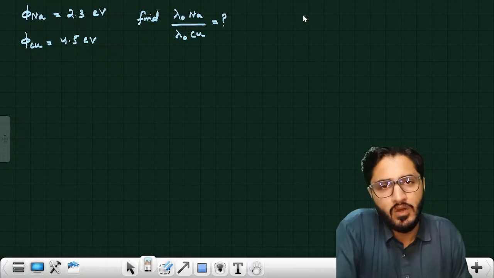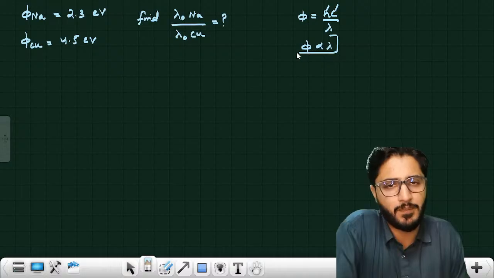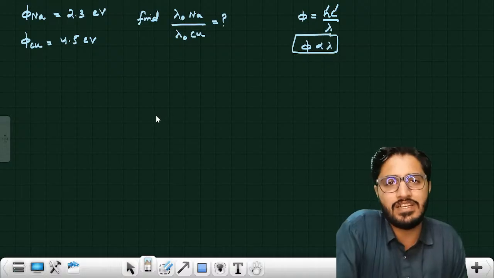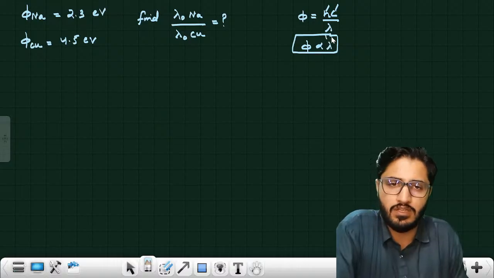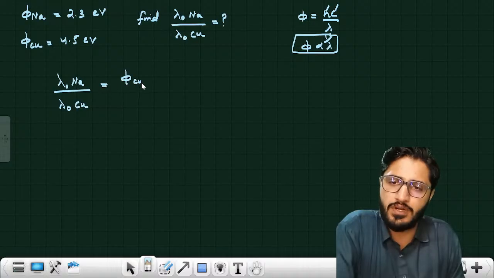We know that phi equals hc by lambda. h is constant, c is constant. That means phi is inversely proportional to lambda. Sorry, it is inversely. So I can write here lambda naught of sodium divided by lambda naught of copper equals phi of copper divided by phi of sodium.